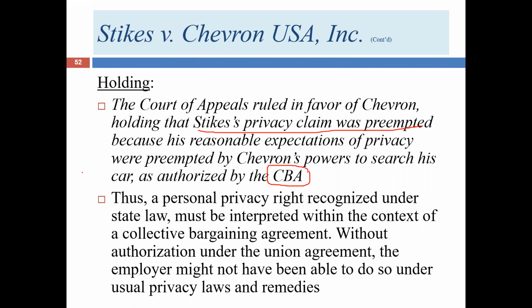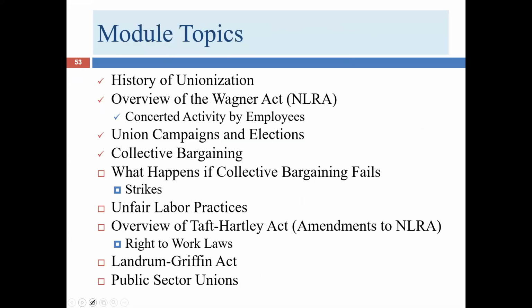So you could see in this respect, Stykes had fewer privacy rights because he worked in a union facility than he probably would have had if his workforce had been non-unionized. This is an example of how even if Stykes wasn't a member of the union, his rights were perhaps negatively affected in this case.